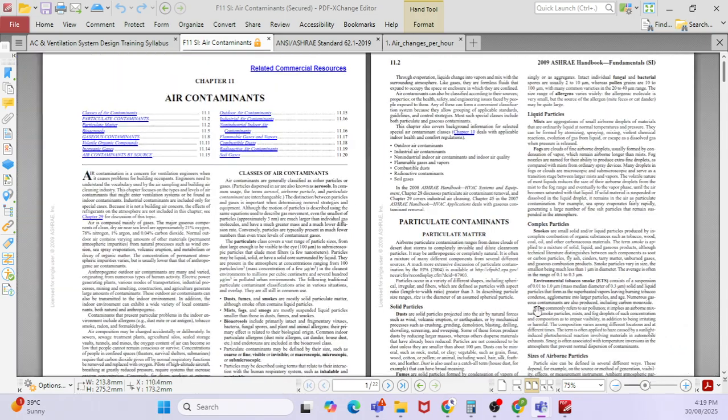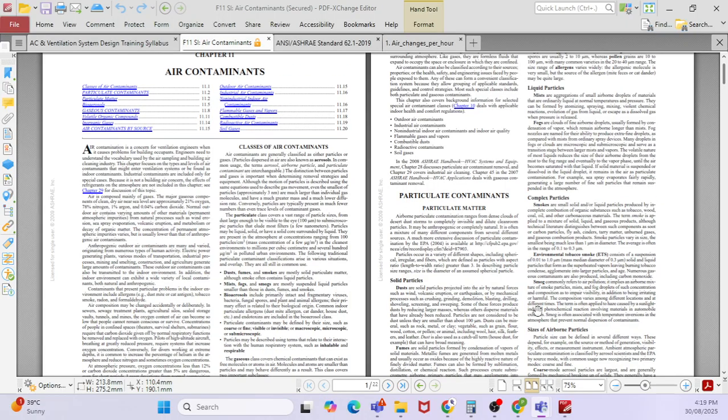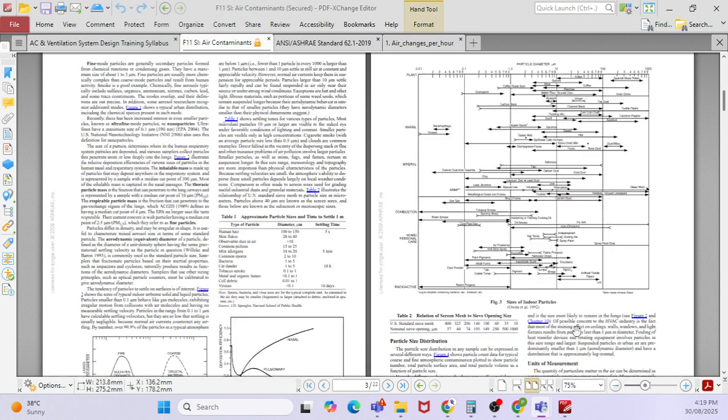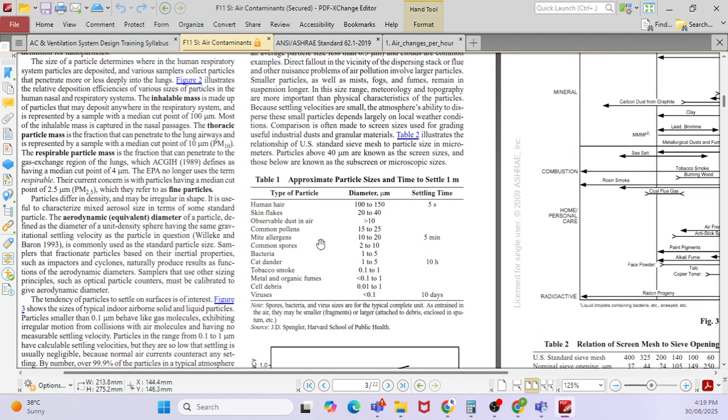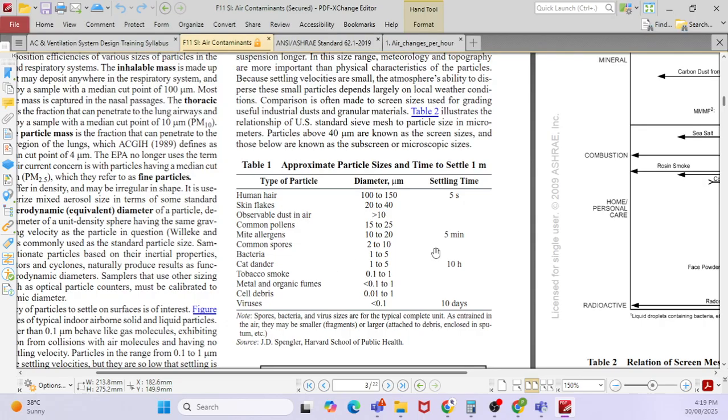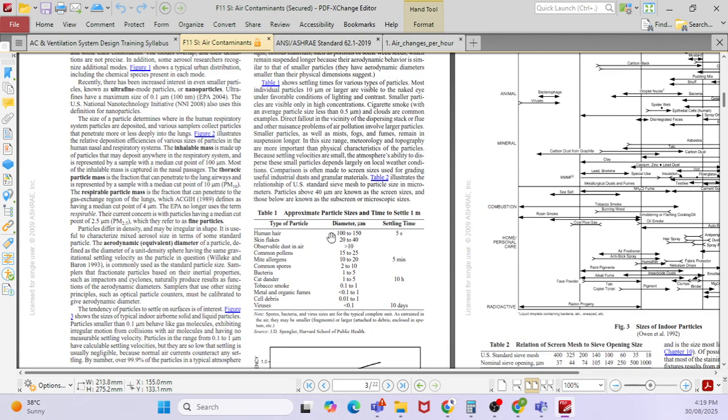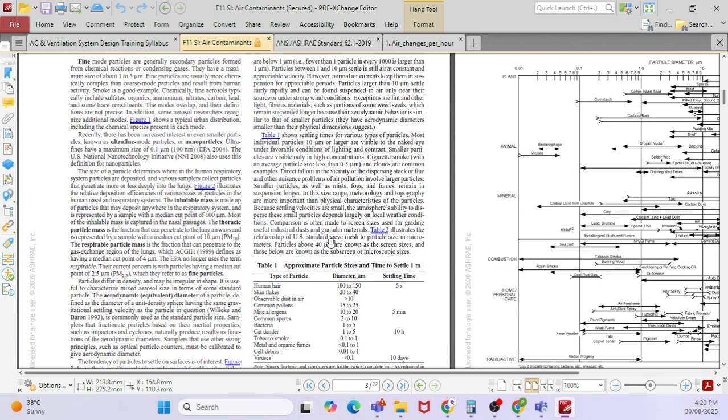So these are the causes of contaminants. Also, you can see the contaminant particle sizes, like human hair, skin flakes, dust in the air, common pollens, then bacteria, tobacco smoke. There are different types of particles in the contaminated air.